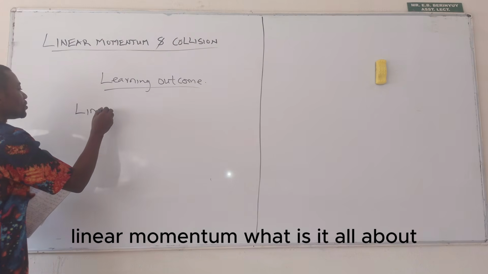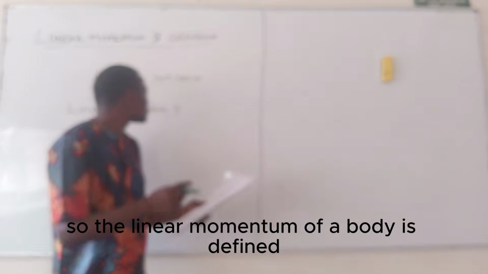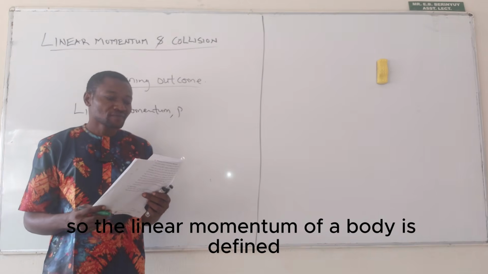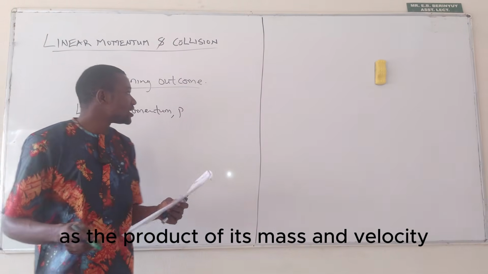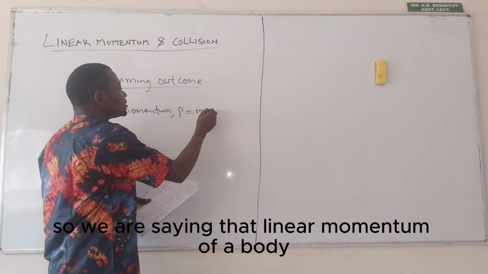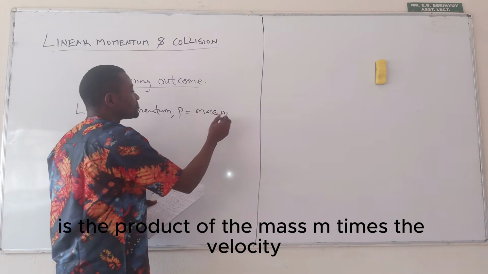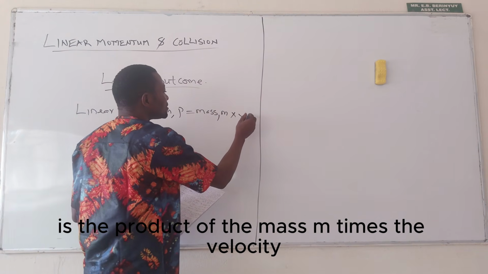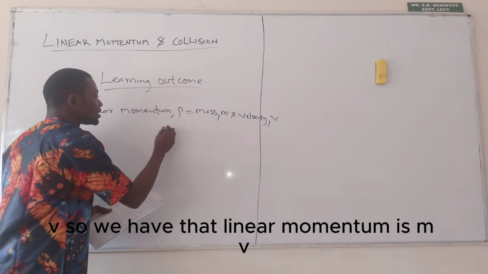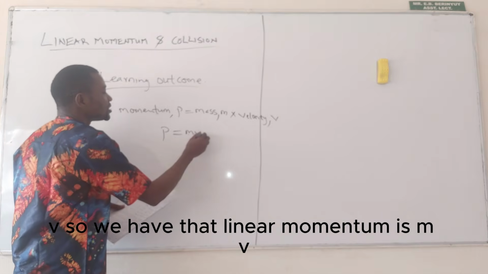Linear momentum, what is it all about? The linear momentum of a body is defined as the product of its mass and velocity. So linear momentum of a body is the product of the mass m times the velocity v. So we have that linear momentum is mv.